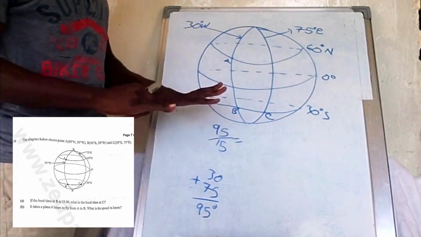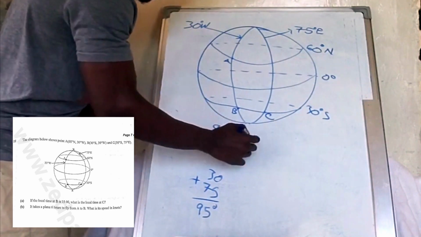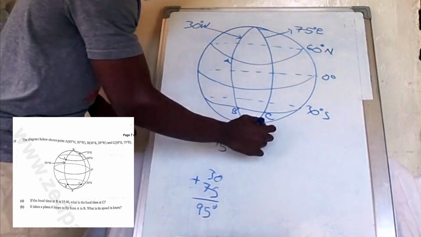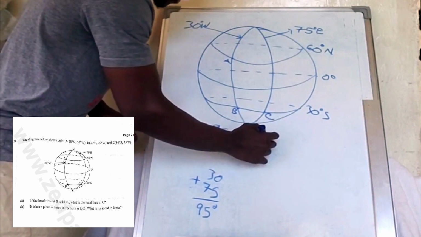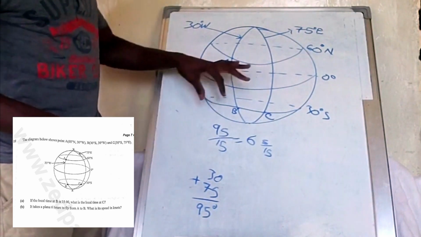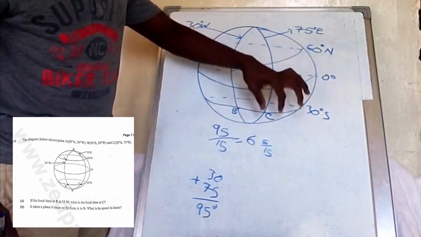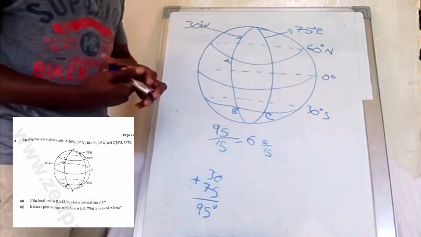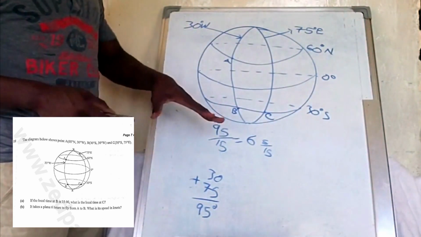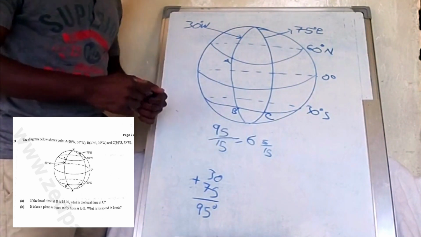So we've got 6 lots of 15 degrees in 95, with a remainder of 5 degrees. So for every 15 degrees, we know it's 1 hour.